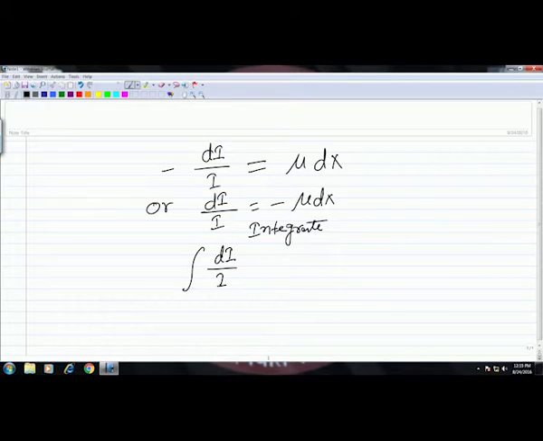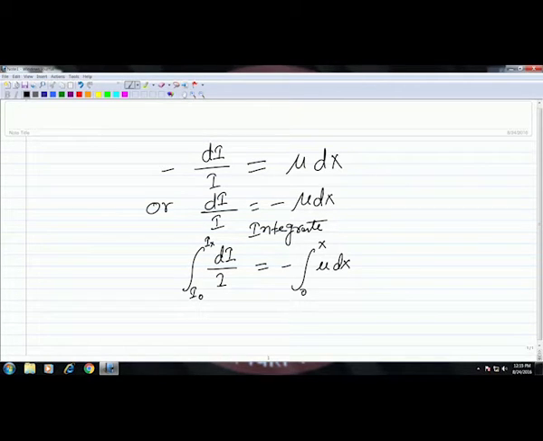The intensity I goes from the initial intensity, which is I naught, to an intensity at a distance x, which is I x, and on the right hand side you integrate over x from 0 to a particular distance x.